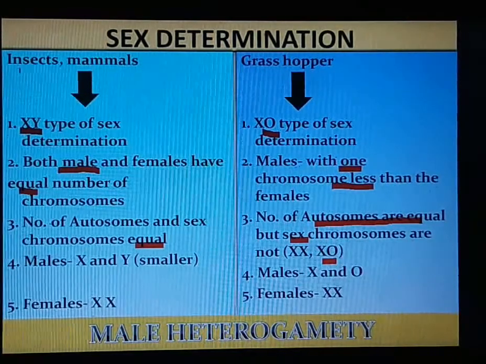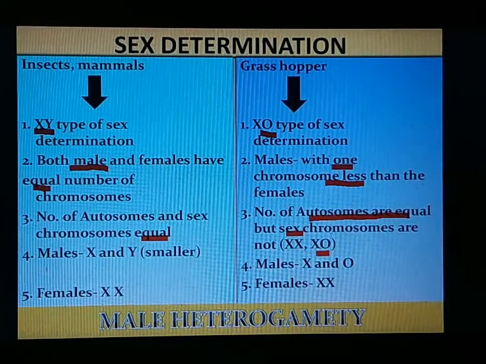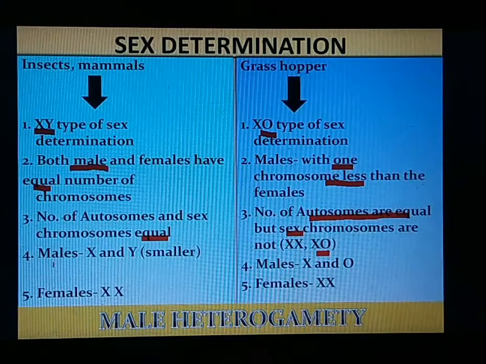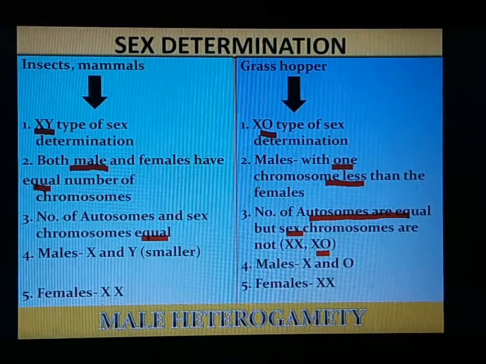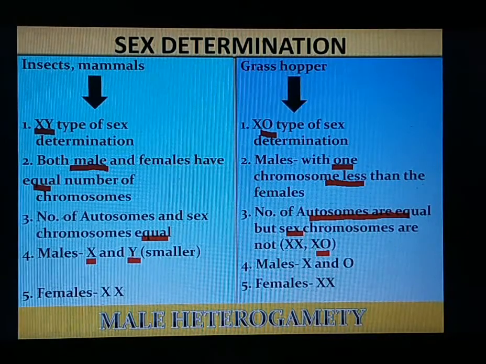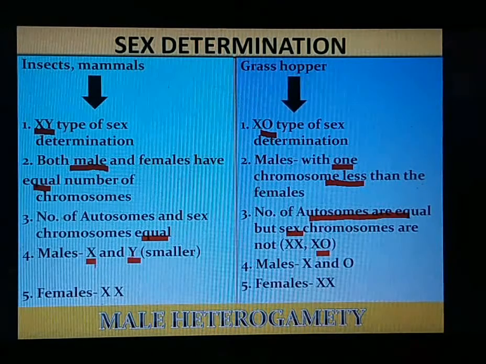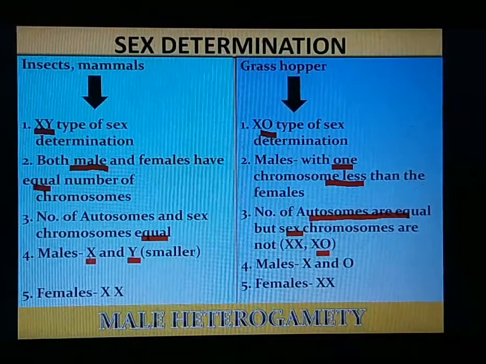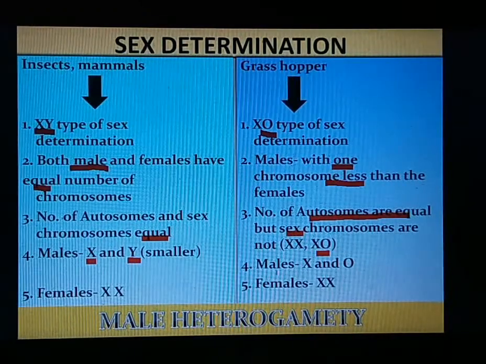In XY type, males will produce two different kinds of gametes, having X chromosome and Y chromosome, wherein Y chromosome is smaller than X. Such difference we don't see in XO type.